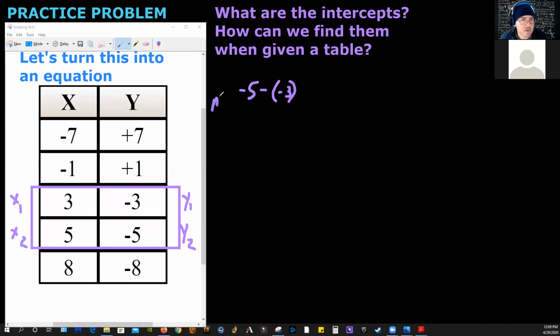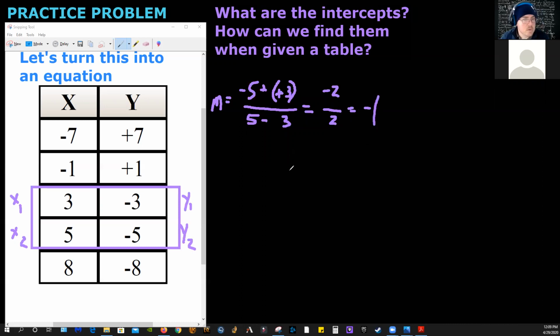This is to find the slope. -5 minus -3 over 5 minus 3. The opposite of subtraction is addition. So -5 plus 3 will be -2. 5 minus 3 is 2. So our slope is -1.